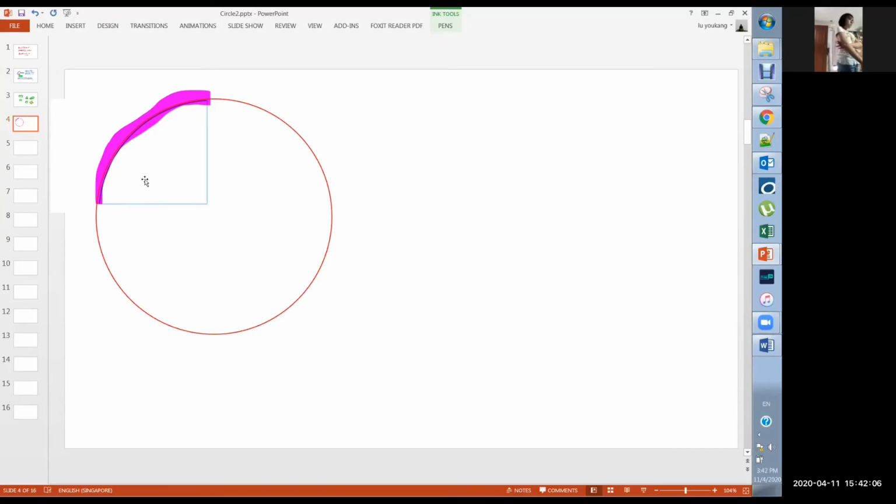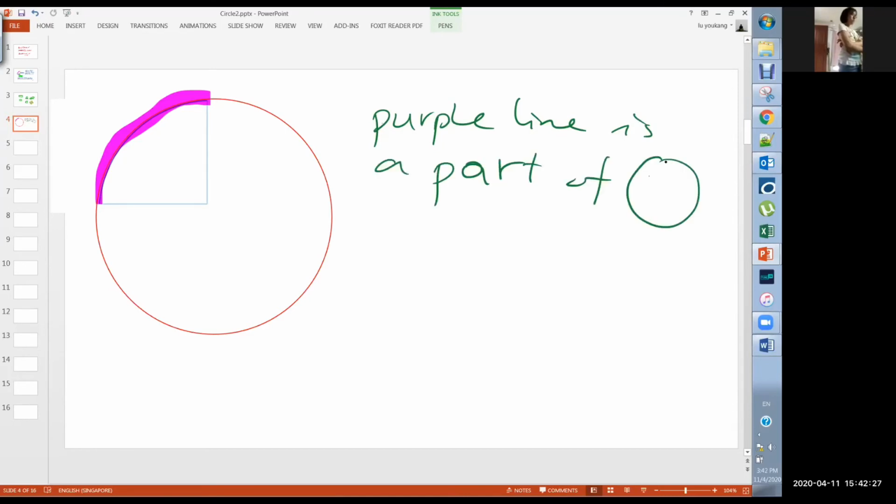Yes, you're right. So the purple line is a part of the circumference or the perimeter. So the purple line is a part of the entire circle. So you want to know how much, right? So how much?